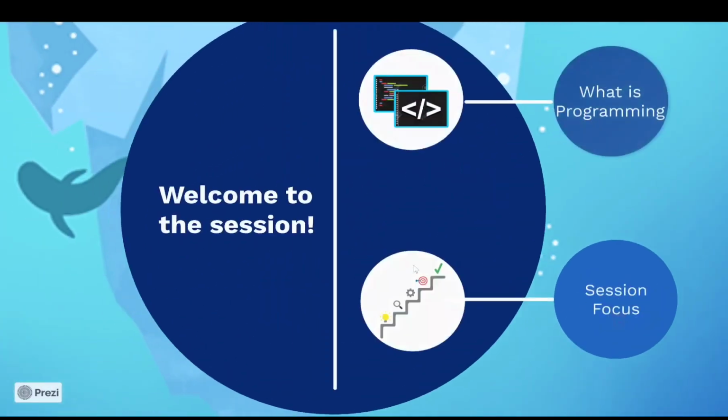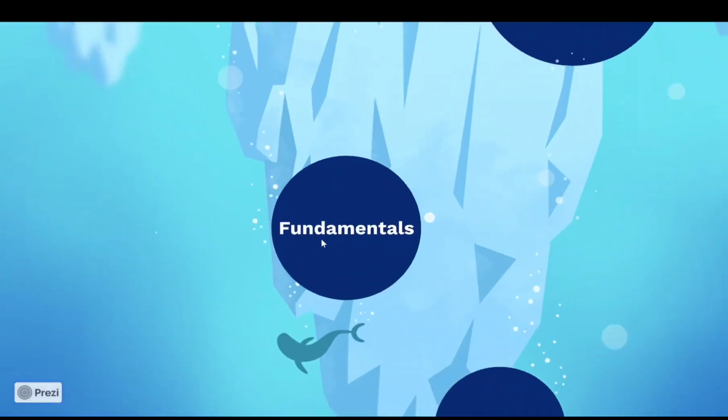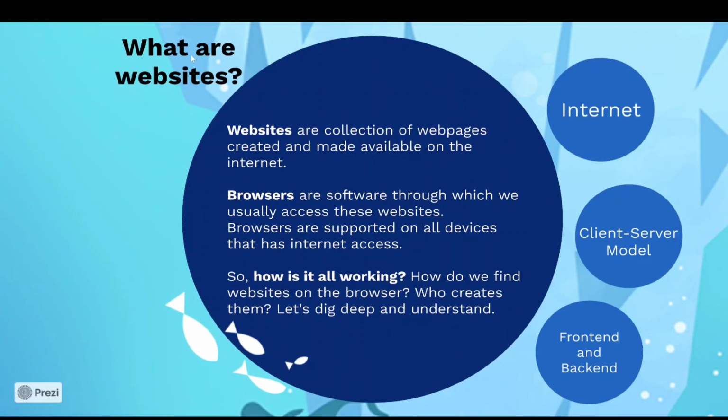So now let's get into it and learn about the fundamentals, like what actually happens at a lower end. Perfect. So what are websites? First of all, websites are nothing but a collection of web pages created and made available on the internet. If you want to visualize, we can visualize Instagram.com.